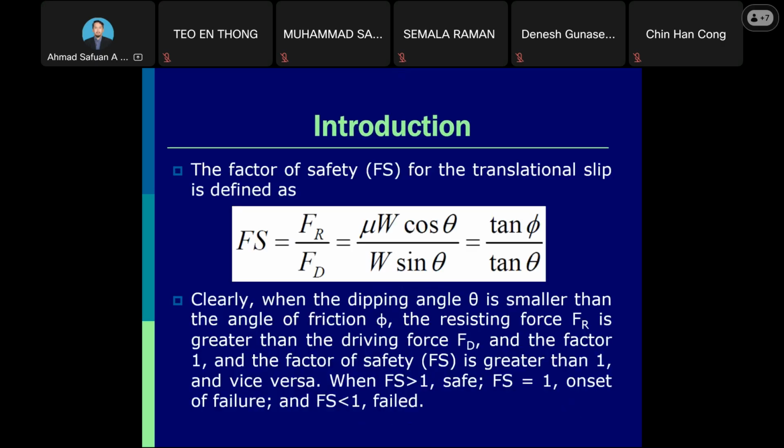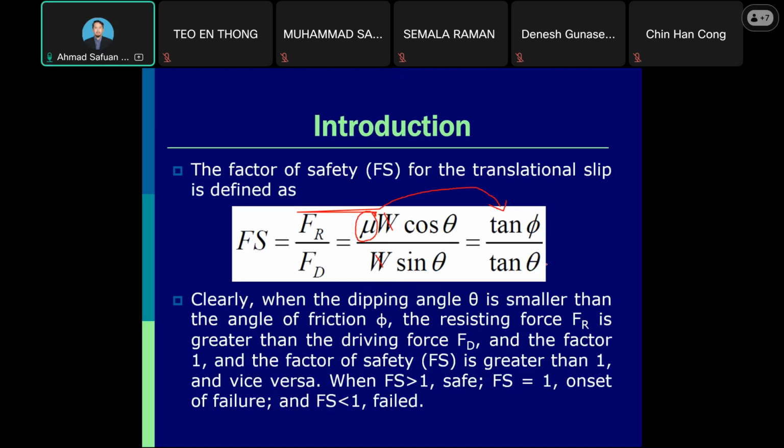So W you can eliminate. Cos over sin is actually an inverse tangent, so it becomes tangent phi over tangent theta.